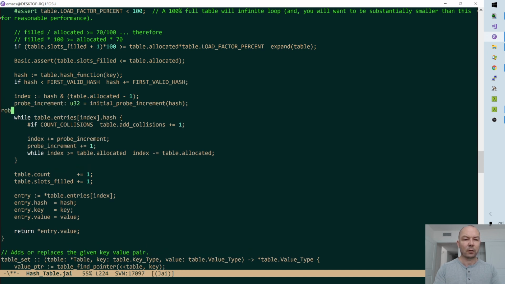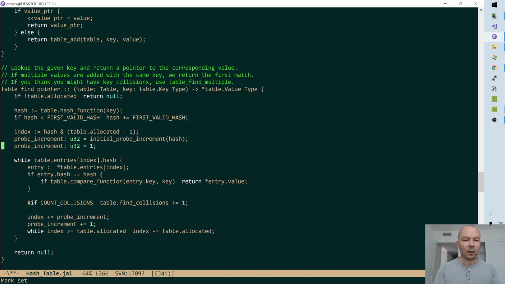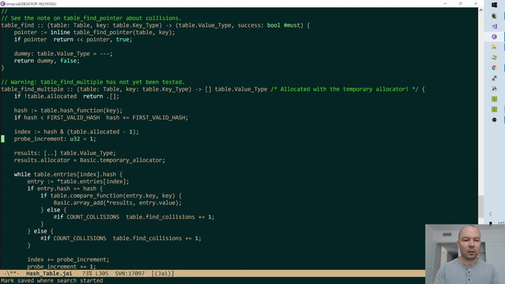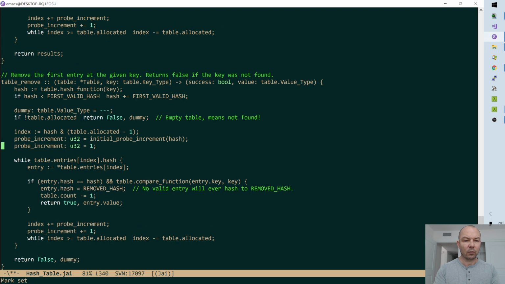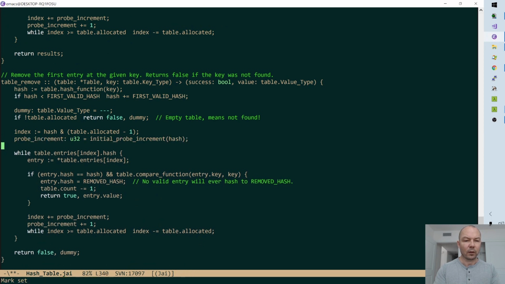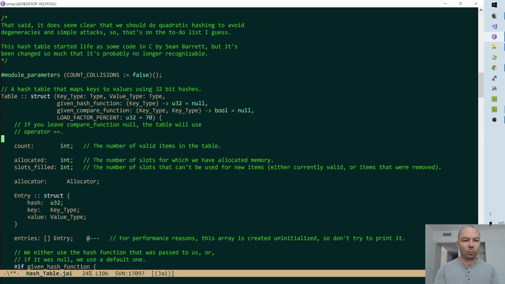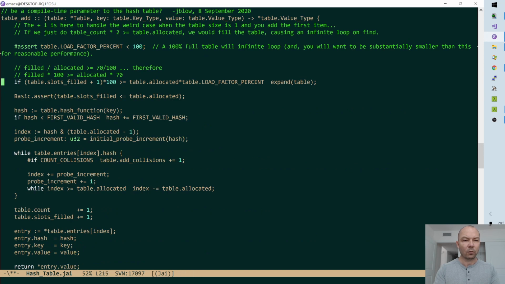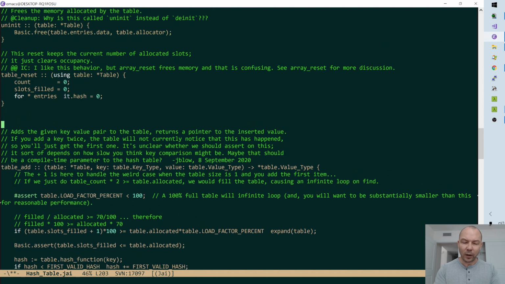All right? We're going to replace all these with that, every time we have that line. All right. What is initial probe increment? I'm sort of putting it right before the first use, C++ style. We don't have to do that, but whatever.